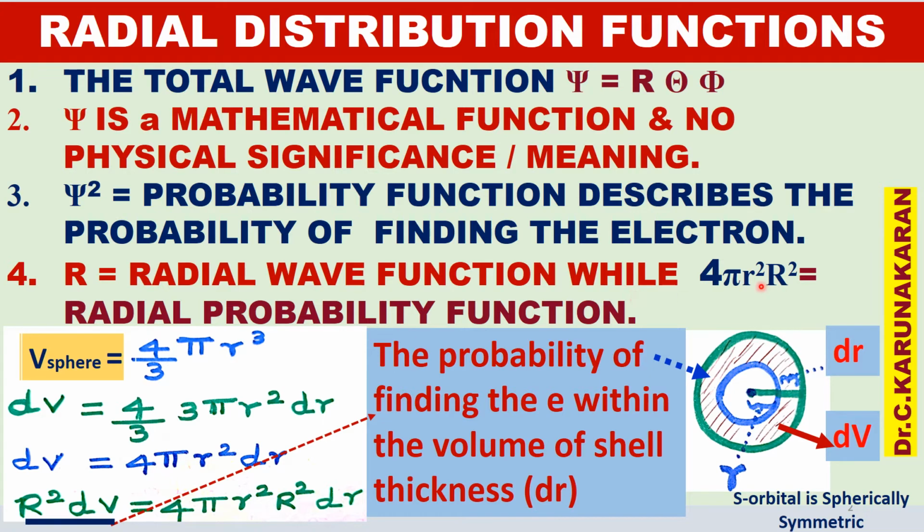Now, what is the definition of radial distribution function? The radial distribution function is defined as the probability of finding the electron at a radial distance r away from the nucleus.